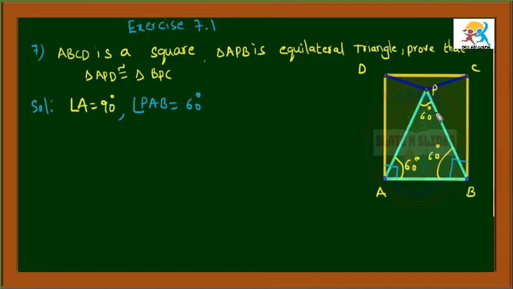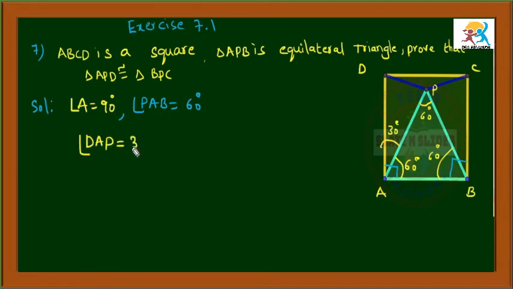So from this we can write that angle DAP, this angle is 30 degrees, because sum of these two should be 90. So I will write angle DAP is equal to 30 degrees.